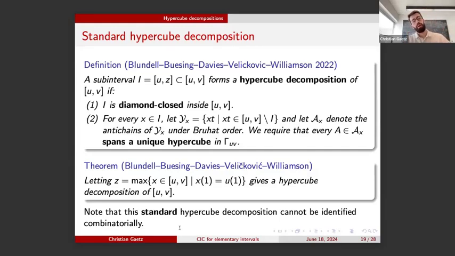And so what Grant and I do in our work is we reinterpret hypercube decompositions, not in terms of these P polynomials, but in terms of the R polynomials. And in this setting, there are simpler conjectures that one can make about hypercube decompositions. And we've been able to make some progress on proving those conjectures.